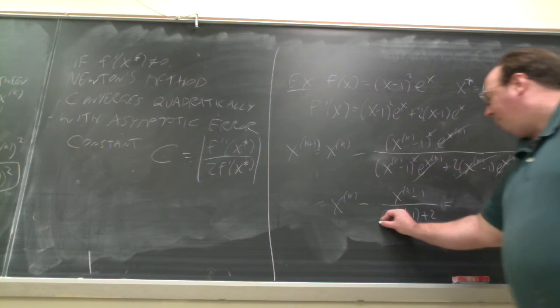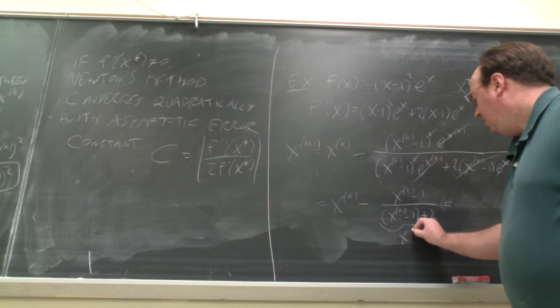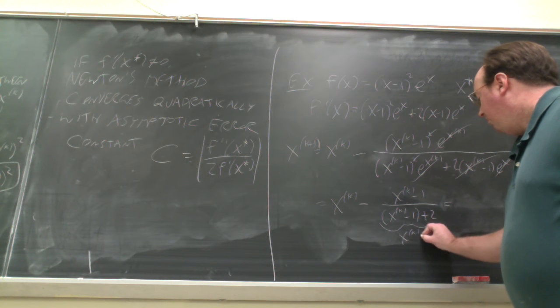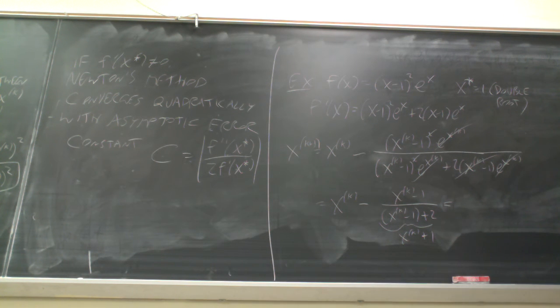So what I get is xk plus 1 minus xk minus 1 all over xk plus 1.